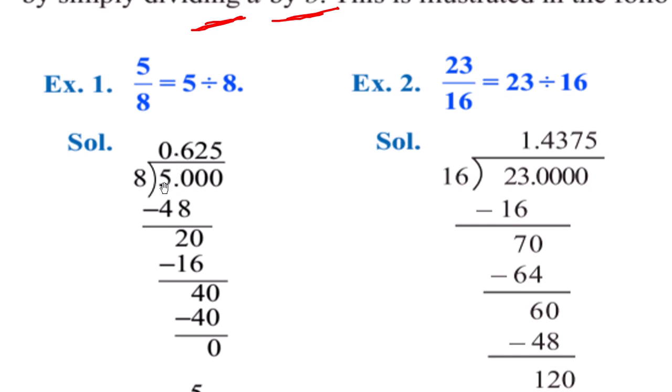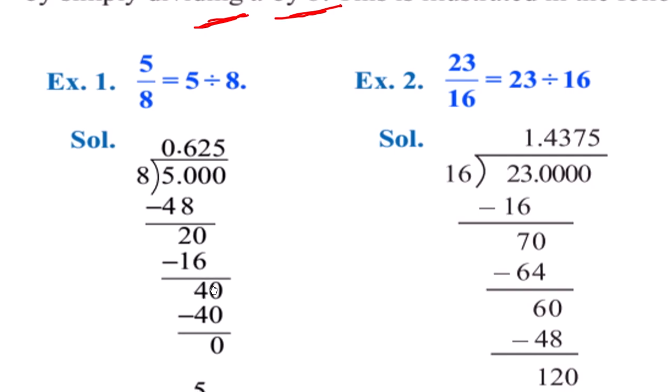So here 5 is not divisible by 8. We are considering 0, then it will be 50. But before that, the point is there, so we have to keep the point in the quotient. Now 8 6 times 48. 50 minus 48, 2. Now 20. 8 2 times 16. Remainder 4.